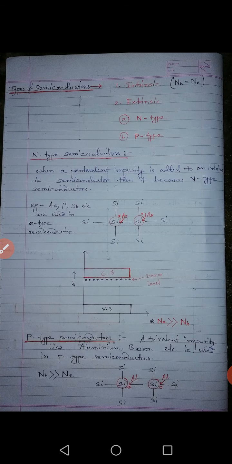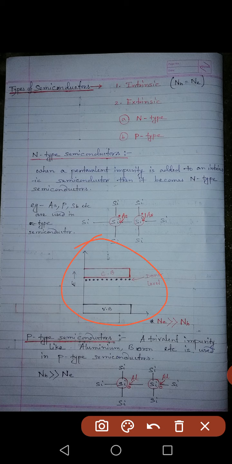One more thing. In the n type semiconductor I have drawn something here, right? You already know that this is the valence band and this is the conduction band, there is no problem. But one more thing I have drawn here: there is a donor level. Remember that since in n type semiconductors we are getting a number of electrons, those electrons, which come from the impurities, form a level here, which is called the donor level.